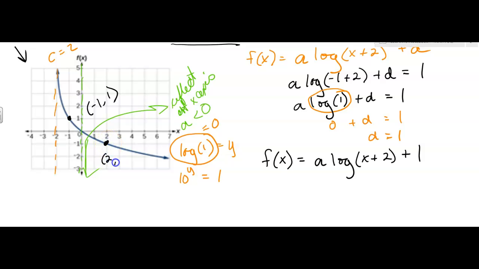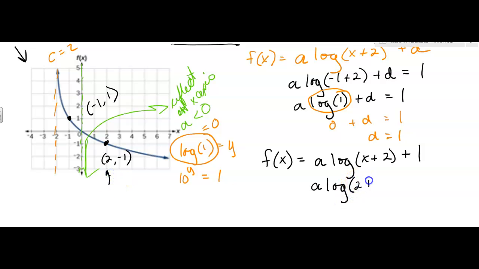It's (2, -1). So I'm going to plug in my -1 for f of x. You know what? I won't write it that way. I'll do it the way I did the other one. A log, and now my x is 2.